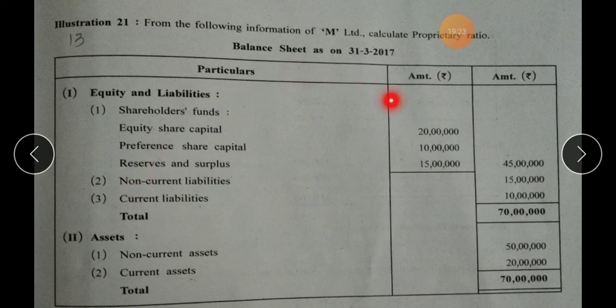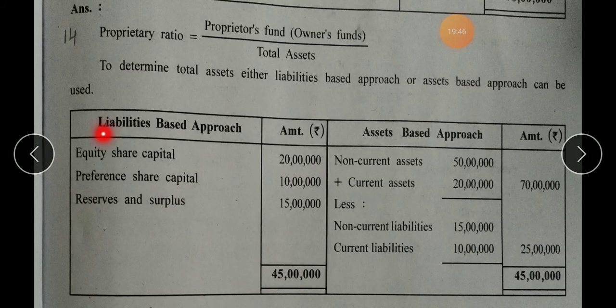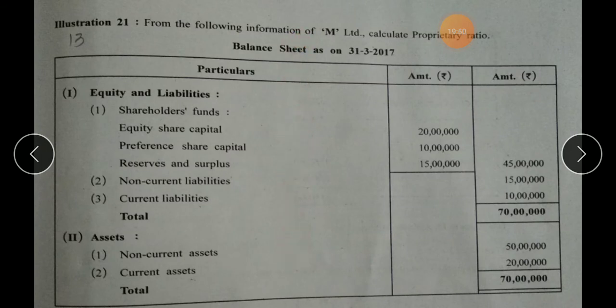The question is presented on your screen, the one given in your textbook. You have information about equity and liabilities, and information about assets. They have not instructed which approach we should use to calculate proprietary ratio, so we'll use both approaches, liabilities as well as assets. This is the question.